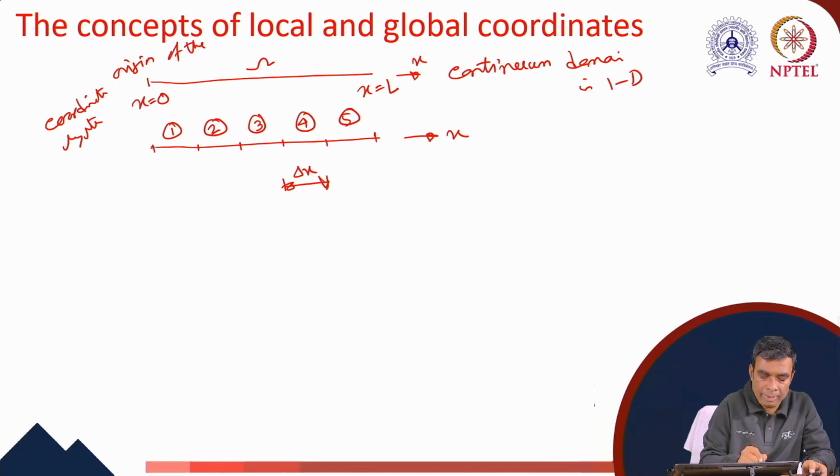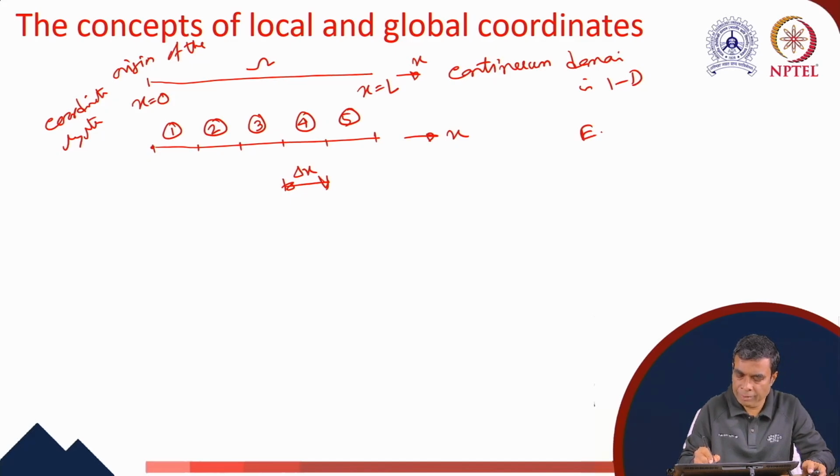Now the nodes are common to multiple elements, okay, except the boundary nodes. For every node we have two different identities. If the identity is unique, then we say that we are using the global node number. If the identity is repetitive, then we say that we are using the local node number.